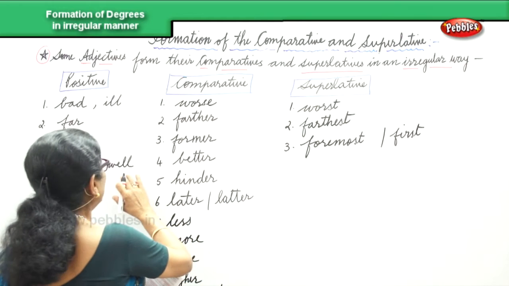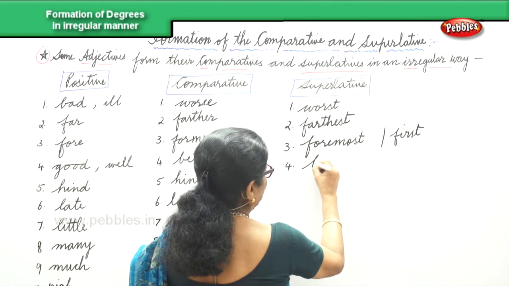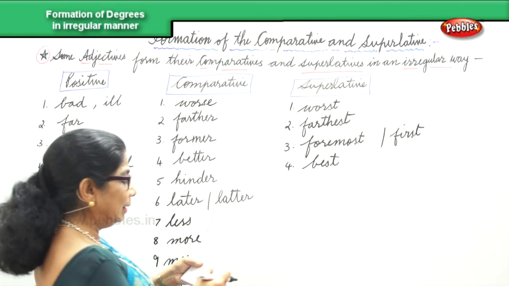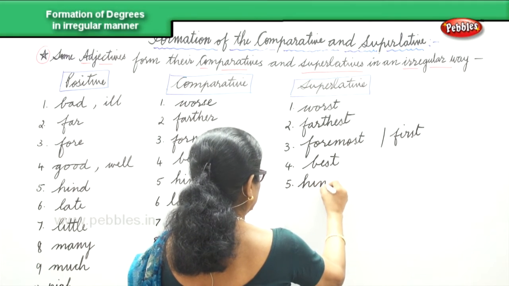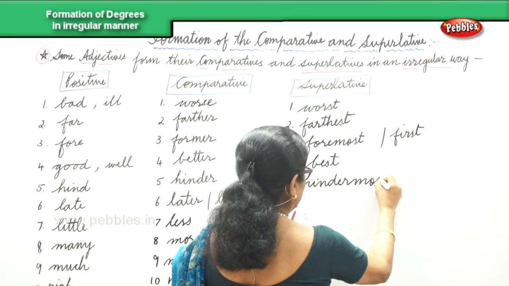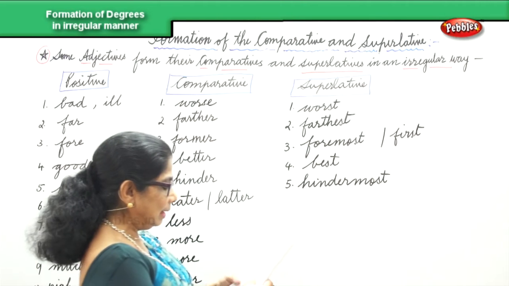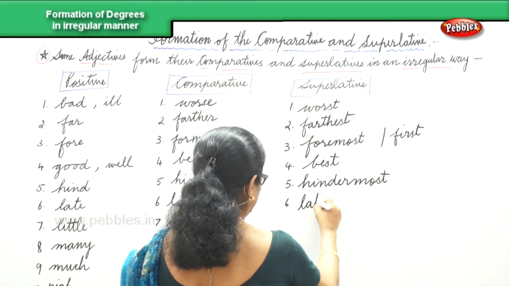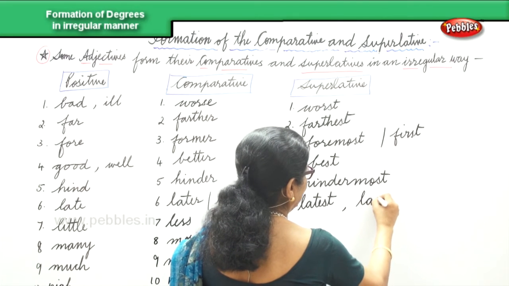Here you have good, better, best. And here hind, hinder, hindmost or hindermost. The next word we have is late, later, latter, latest or last.